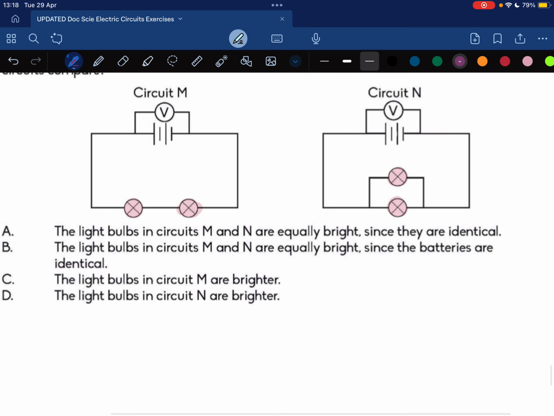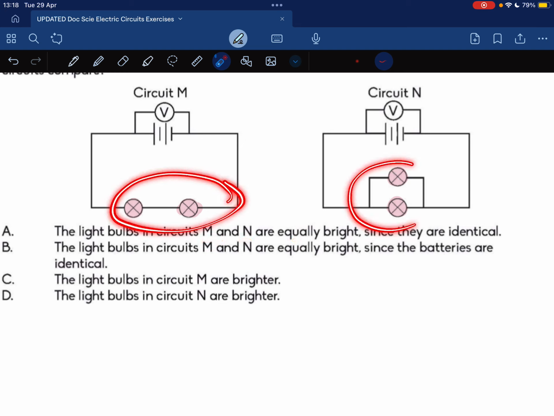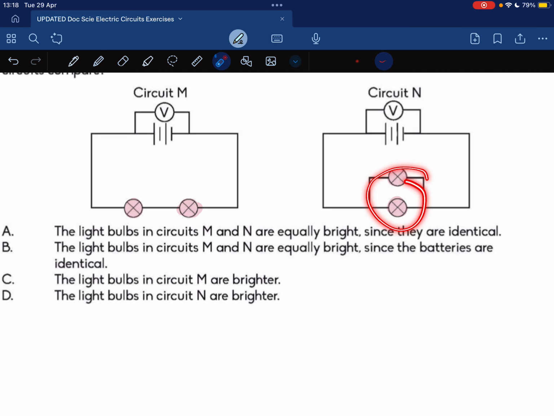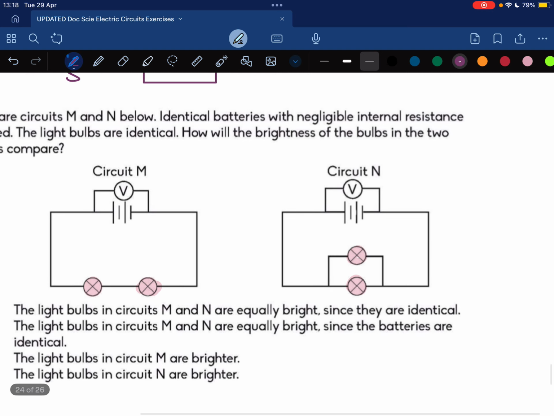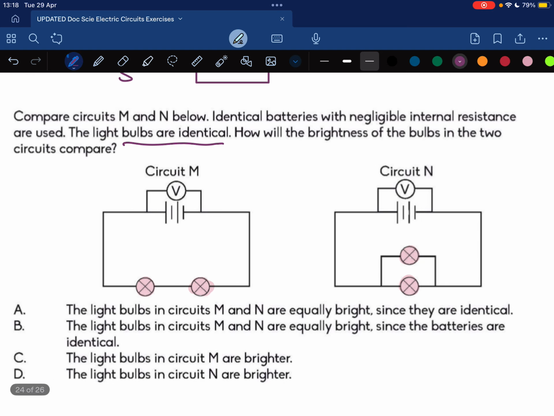It's asking how the bulbs in both circuits compare. So it's important to remember that because the bulbs are identical, their brightness will be the same within the circuit itself.